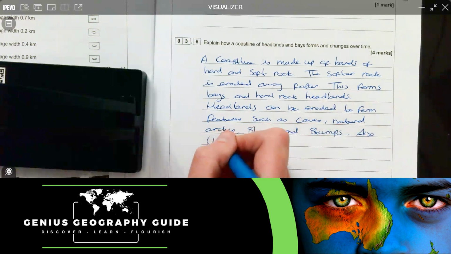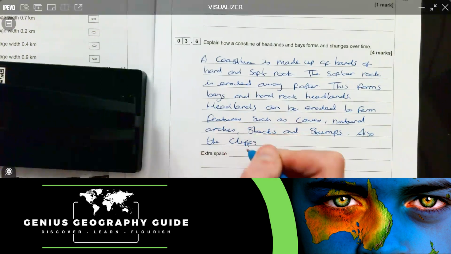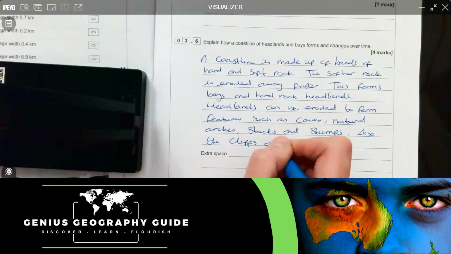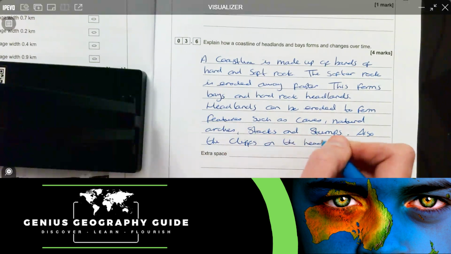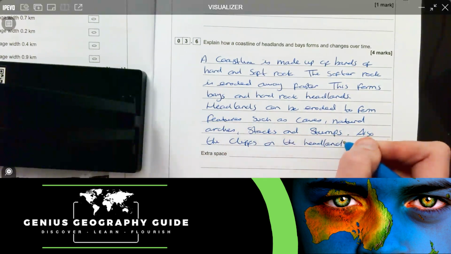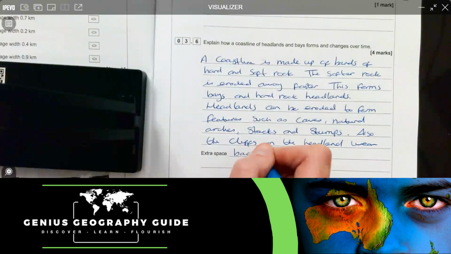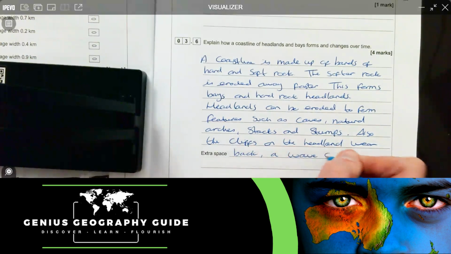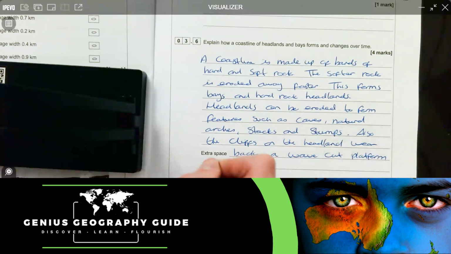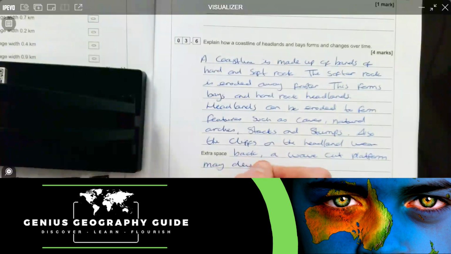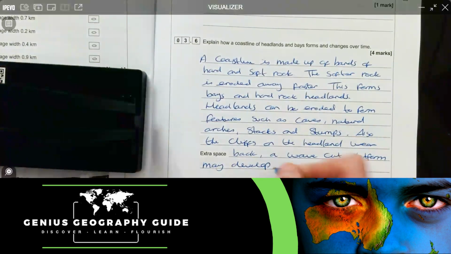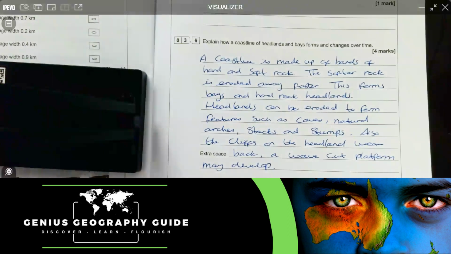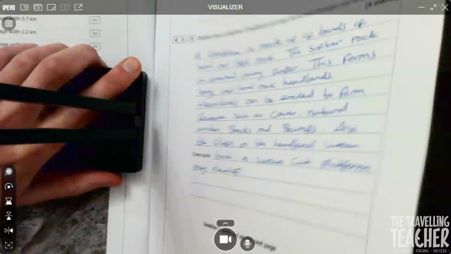Also, the cliffs on the headland wear back, a wave cut platform may develop. Full stop. Okay.